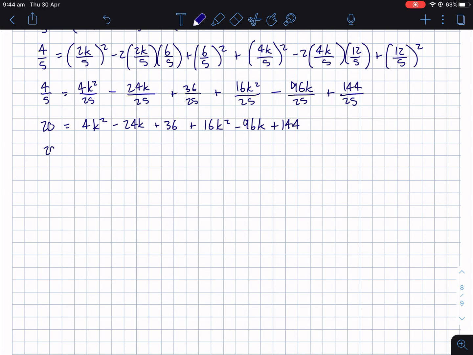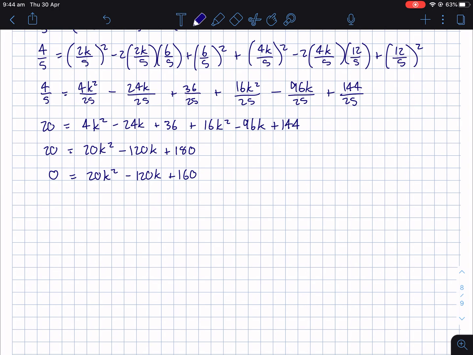Group like terms, I get 20 equals 20k squared, take 120k, plus 180, and get everything over to the right, so 0 equals 20k squared take 120k plus 160.